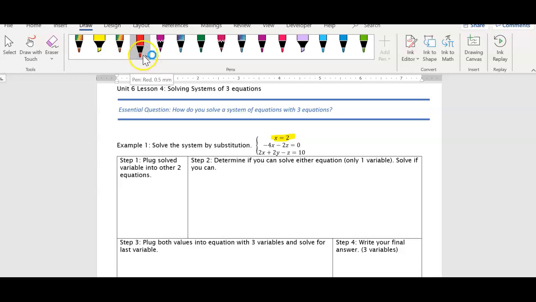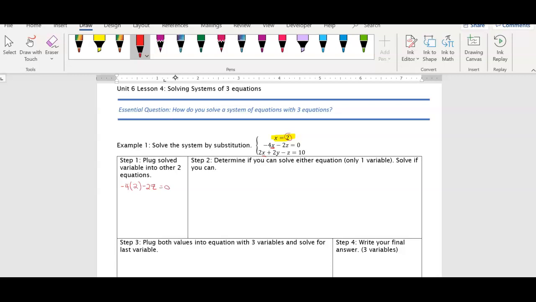So the steps are that we would plug the solved variable into the other two equations. So that's what I'm going to do. I'm going to take the 2 and plug it in for the x values in the other two equations. So I'm going to write -4 parenthesis, instead of the x I'm putting in 2, and then I have minus 2z equals 0.